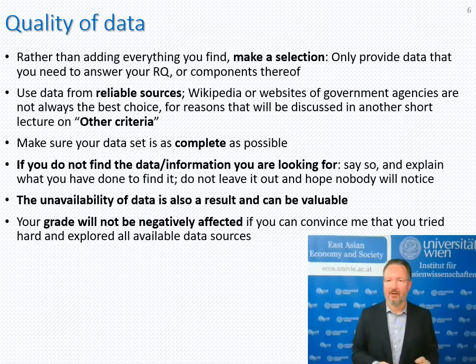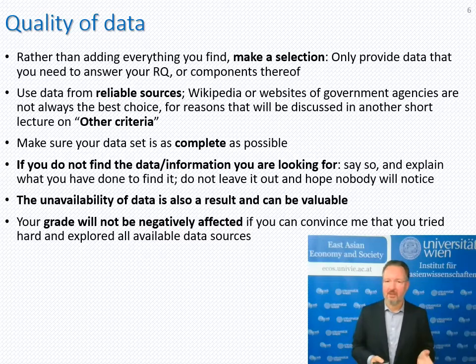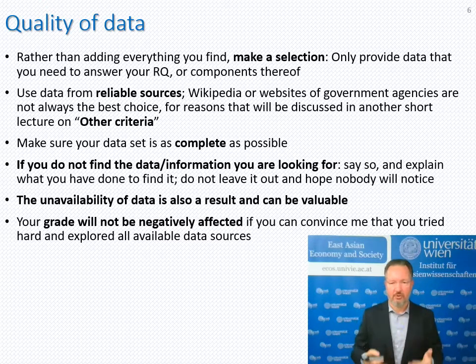Some data are more valuable or of a higher quality, simply depending on the way they have been produced. That's why we usually have a problem with stuff like Wikipedia, because it doesn't have a single author, or websites of governments, because they usually have a very strong bias, because they have been produced by those very agencies, usually for a purpose.